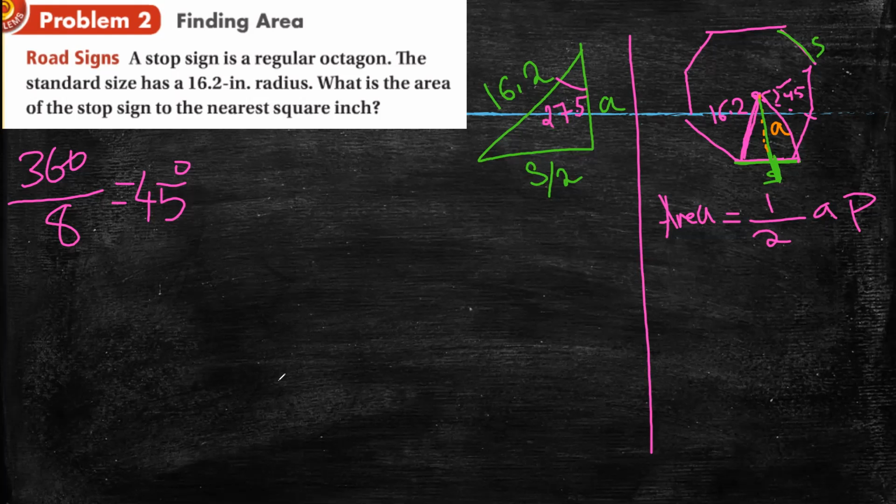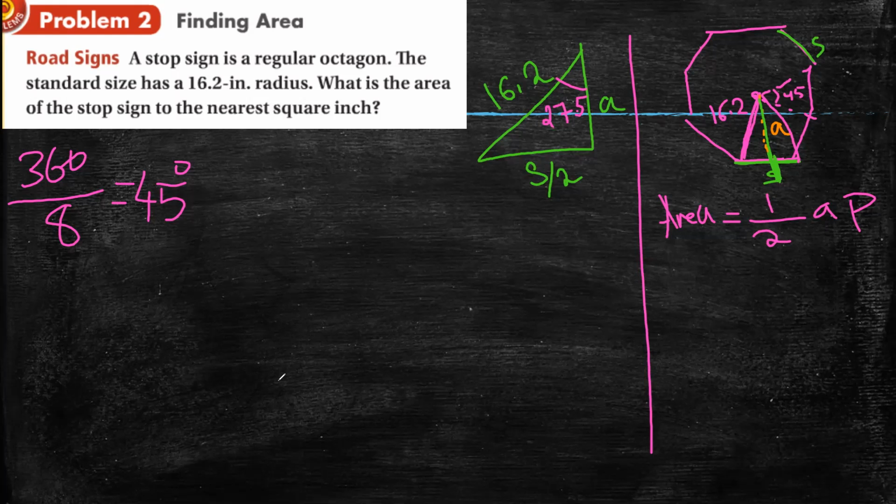So now the given angle here is 27.5, and I have to find the apothem and s over 2, and the given side here to me is 16.2, which is the radius of the shape.